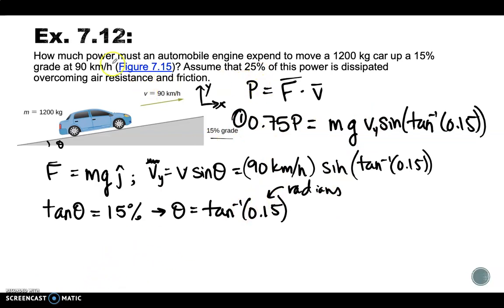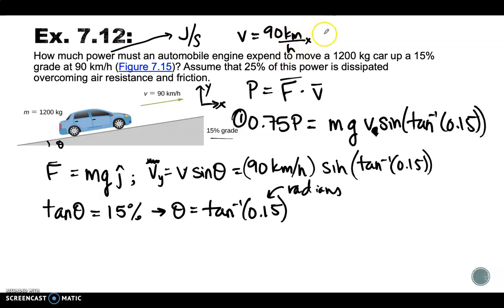And again, we are looking for the power, and power is typically in joules per second, so we will need to change our velocity to meters per second. Let's do that up here. Velocity equals 90 kilometers per hour.